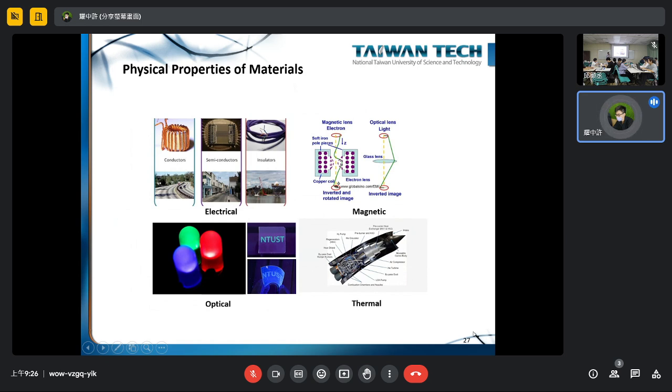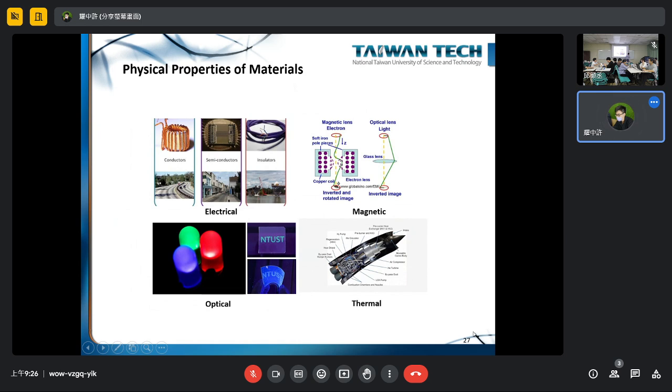And of course, different light has different wavelengths, and for different wavelengths the focus point will be different, right? However, in the electron microscope, the source is not light, it's electron. So how to converge it and make it focus? You need to use an electric field or magnetic field to change the direction of the electron. So the magnetic behavior is also important.